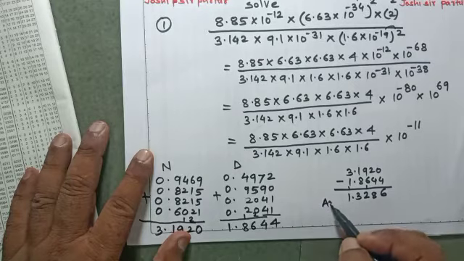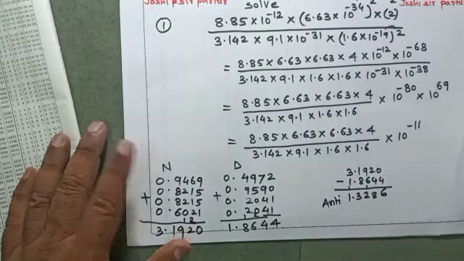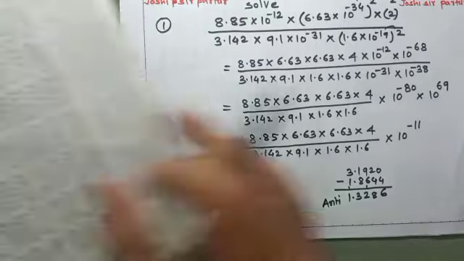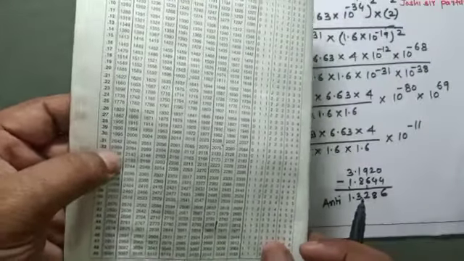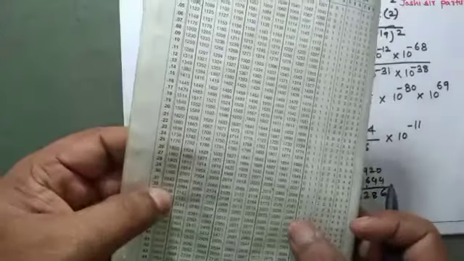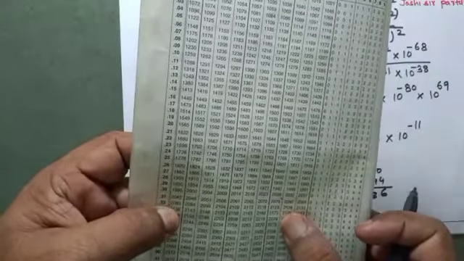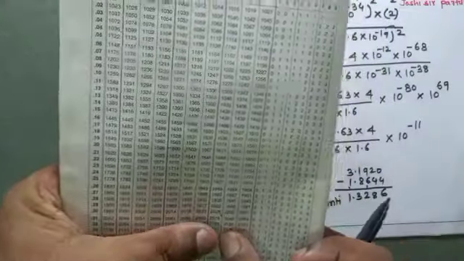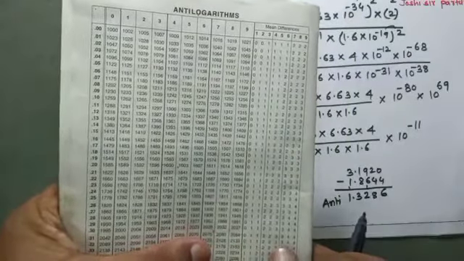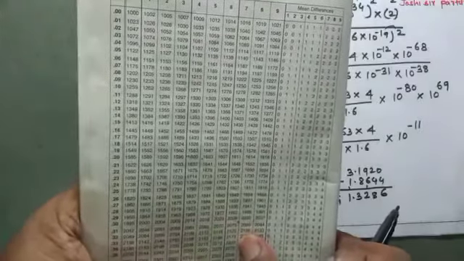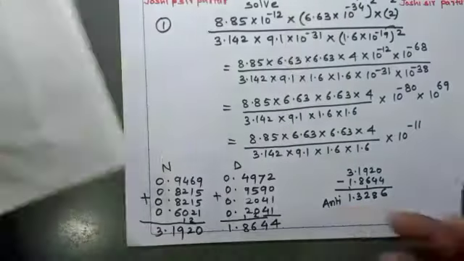So if we find its antilog, so antilog of 0.32, that is 2089, but here 8 is there. So antilog of 32, that is 2128, and in 6 the mean difference is 3, add, so 2131.